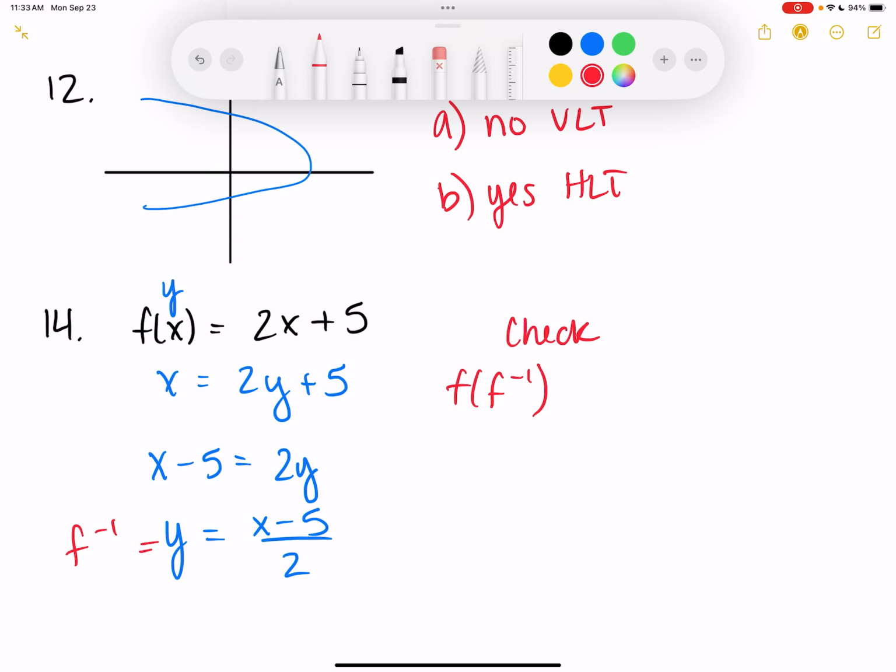So this is 2 times, replacing x with x minus 5 over 2, and then plus 5. The 2's cancel from the multiplying, so I have x minus 5 plus 5. Negative 5 and positive 5 cancel each other out, so I'm left with x. So that is its inverse. So I've done it correctly.